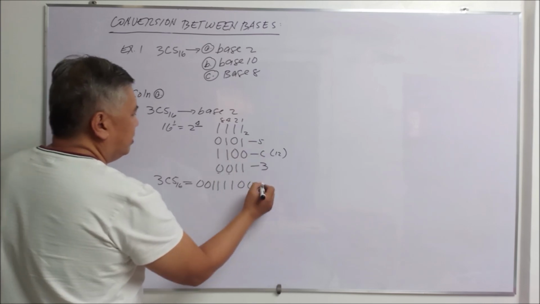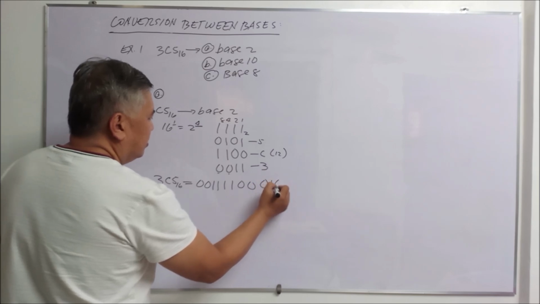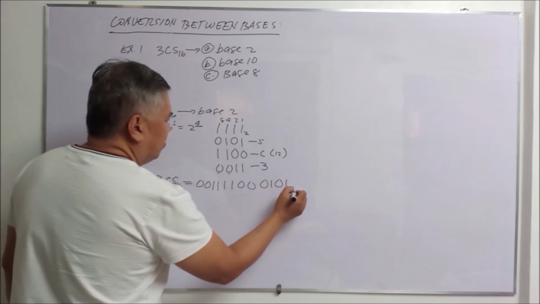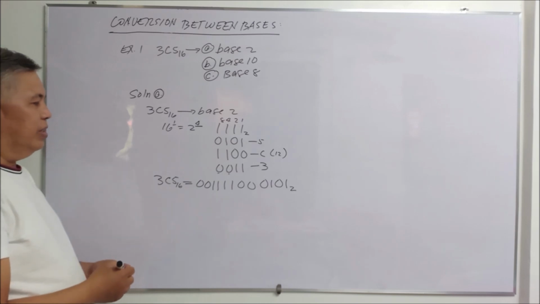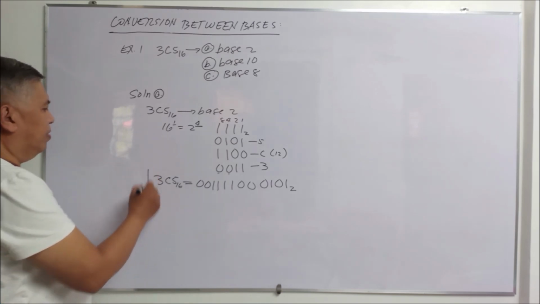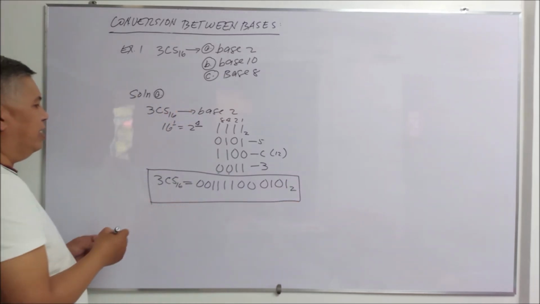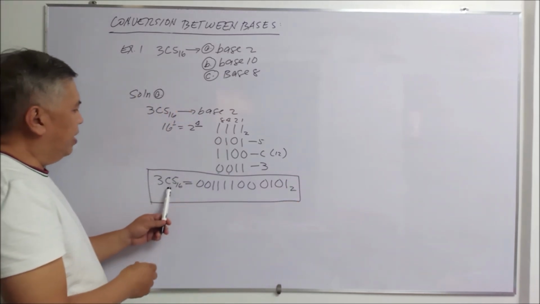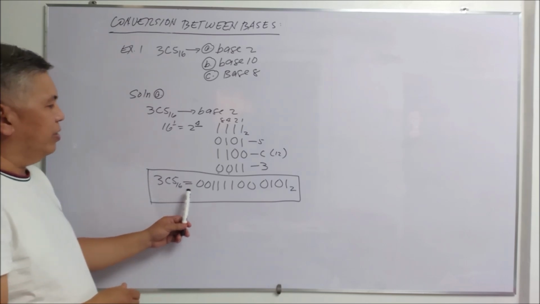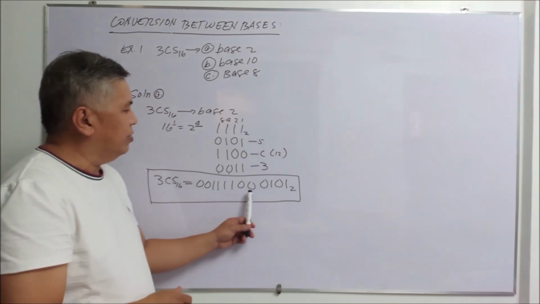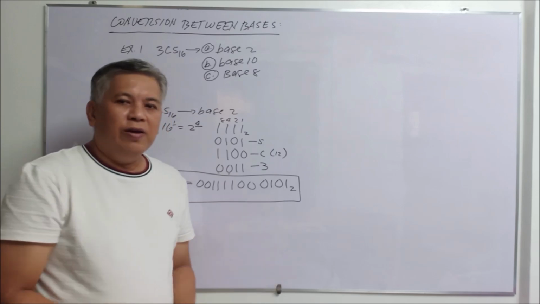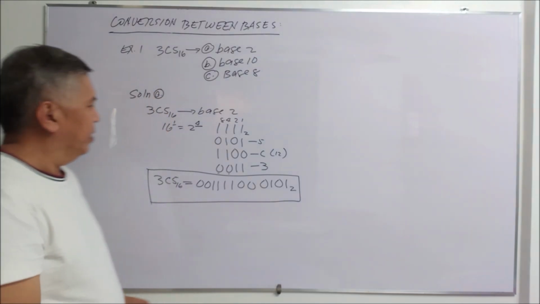And then 5 is 0, 1, 0, 1 of base 2. That is the answer for letter A. Okay? So 3C5 of base 16 is equivalent to 0, 0, 1, 1, 1, 1, 0, 0, 0, 1, 0, 1 of base 2. Okay?